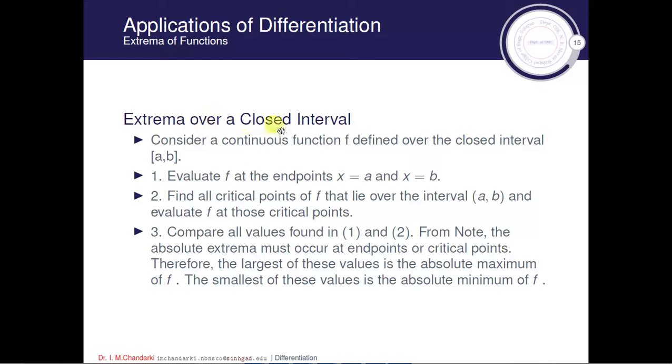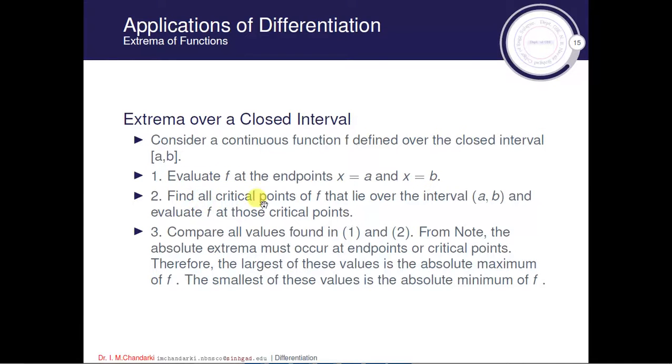For extrema on a closed interval, suppose you have the interval from A to B. If you want to find the extrema, that is maxima, minima, or both, in the closed interval AB, meaning A and B are included, then the following are the steps. The first step is to evaluate f, that is, find the value of f at A and the value of f at B. So find the values of function f at the endpoints. That is the first task you are supposed to do.